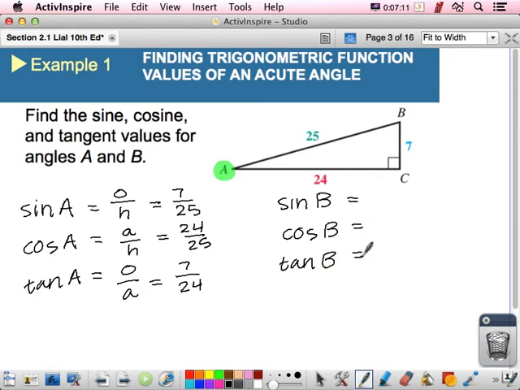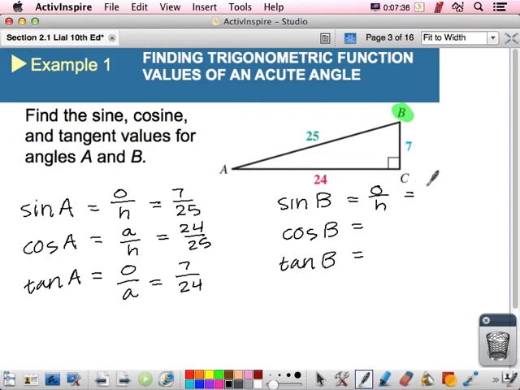All right. So in this case, the opposite over the hypotenuse, if I look from angle B, so we will go up here and shift our focus to angle B. The opposite is what? 24. The hypotenuse is still 25. Uh-oh. I think I'm in the wrong spot. Here we go.